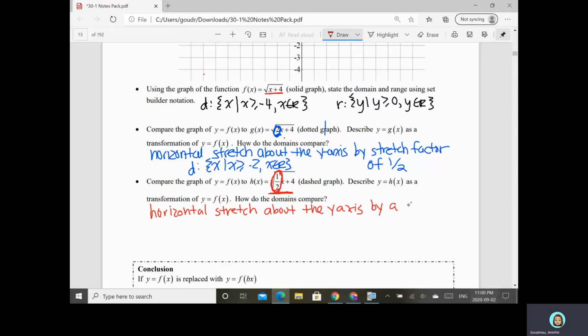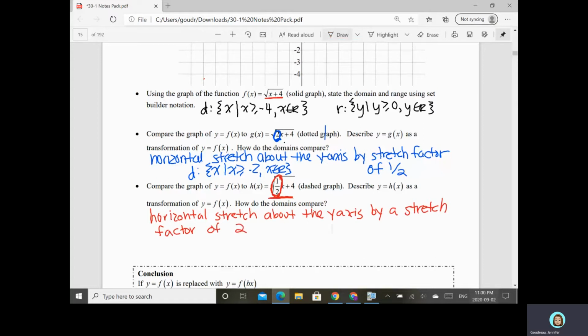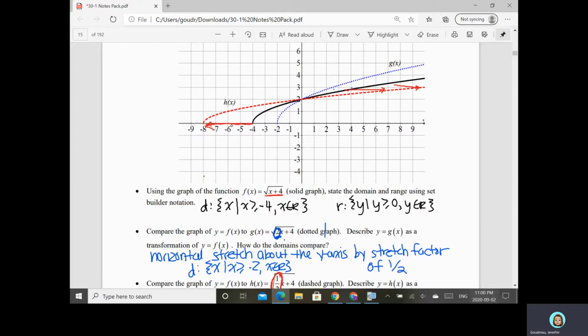Now, our stretch factor is not 1/2. In this case, we have a stretch factor of 2. And we can see that again, even just looking at that left-hand side, it's definitely being pulled out, it's being stretched by a factor 2. It's twice as far from the y-axis as it was before.